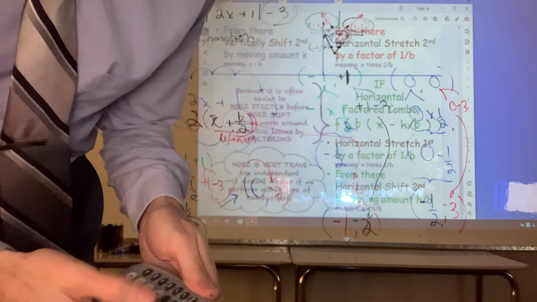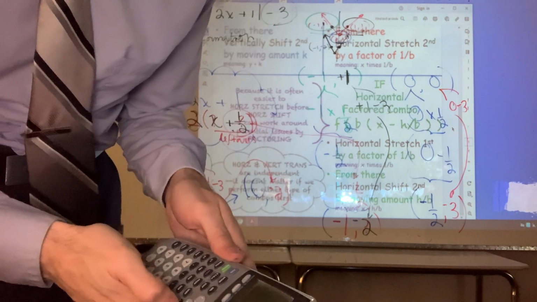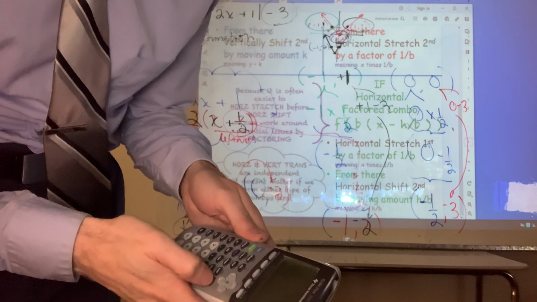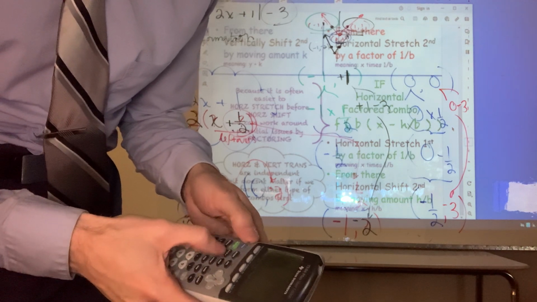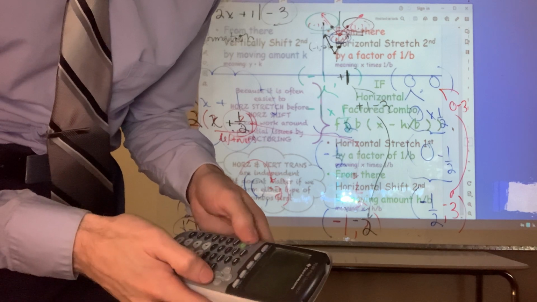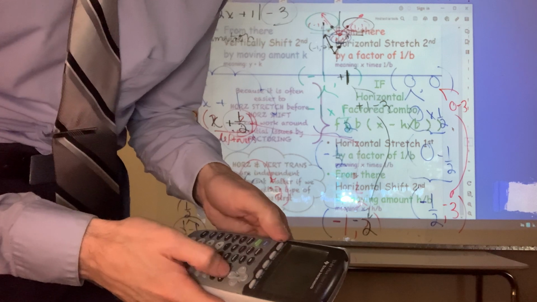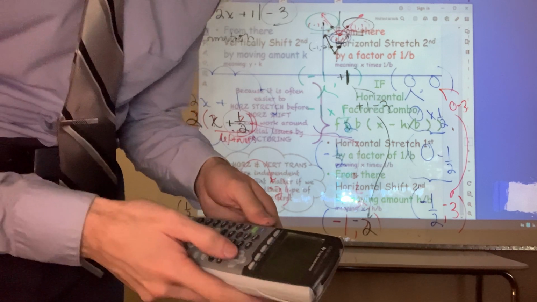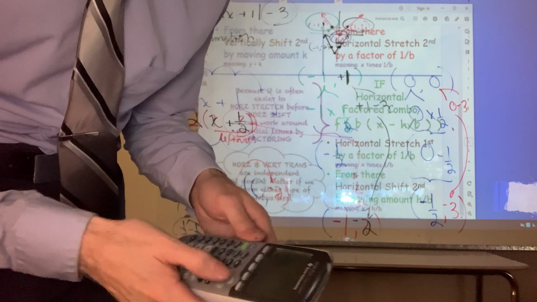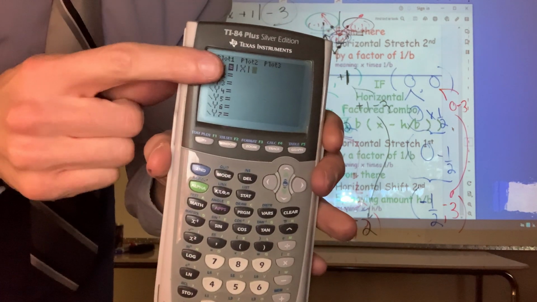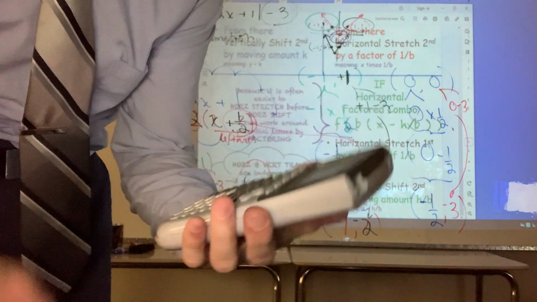I'm going to use the light of my screen here to help me see, and I'll delete this stuff. Here's the original V-shaped function, absolute value of x.